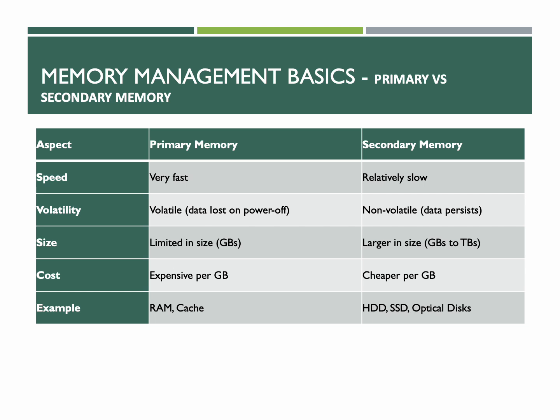Third is size. Primary memory is typically smaller in size, measured in gigabytes. For example, a typical computer might have 16 GB of RAM, whereas secondary memory is much larger, ranging from gigabytes to terabytes. Hard drives can store 1 terabyte or more of data.